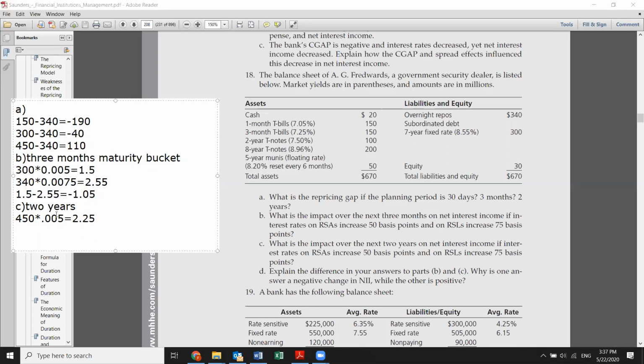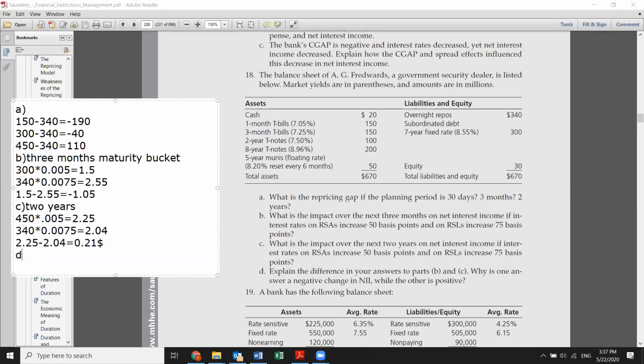And when it comes to the interest expense, it's 340 times 0.075, and it should bring you 2.04. So 2.25 minus 2.04 will be equal to 0.21. You can see we have a positive number here.